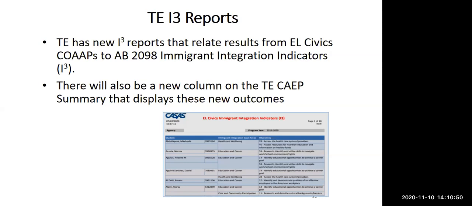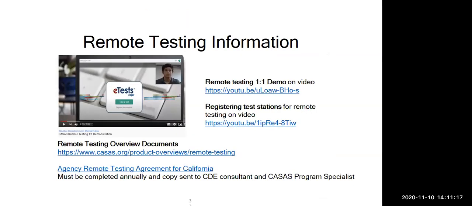But at the end of the day, it's the same sort of information at the student, class, or agency level. You can relate performance to these immigrant integration indicators. The difference is for competency reports, it would be the percentage that got the item right that includes that competency. For this purpose, it would be the percentage of students that pass that particular EL Civics COAP.